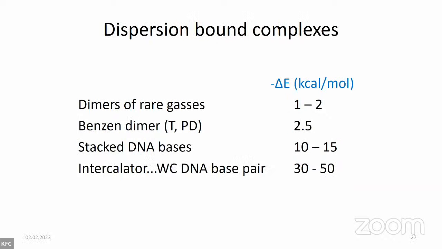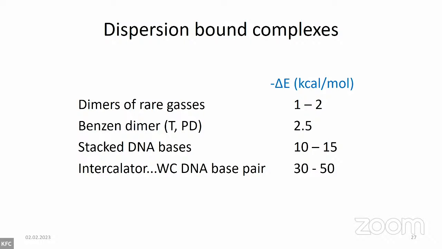The van der Waals or dispersion-bound complexes depend on the sizes and how big the interactions can be. For instance, the rare gases have only really tiny energy that binds them together. That's usually why they are gases at normal temperature and not liquids.